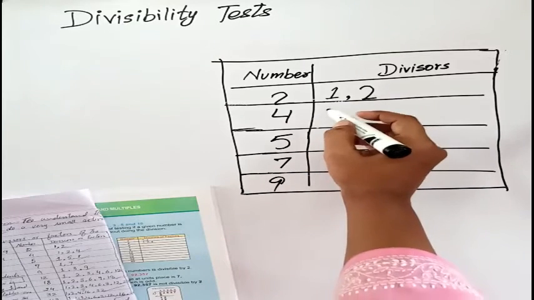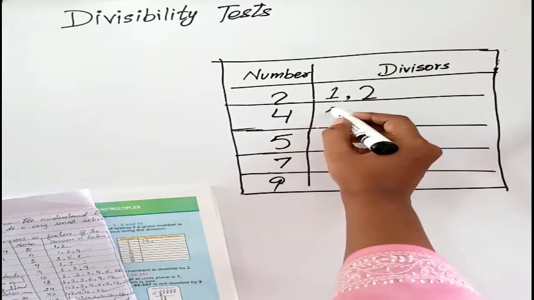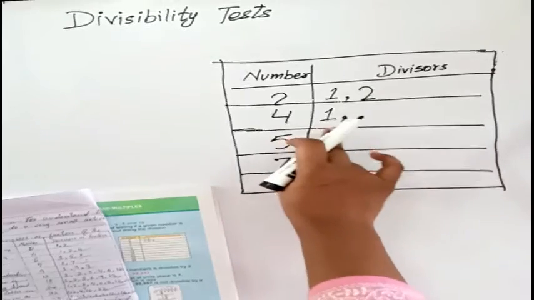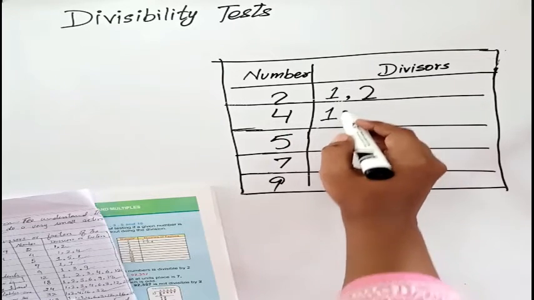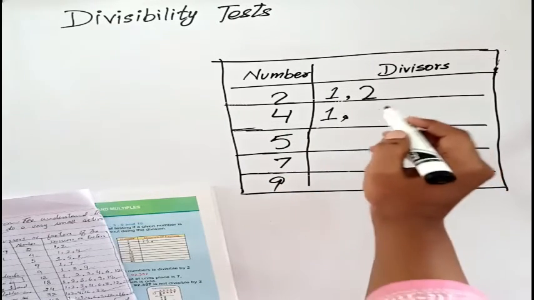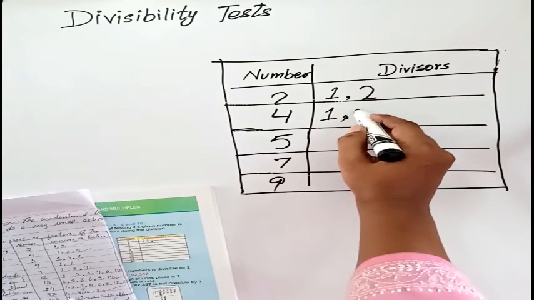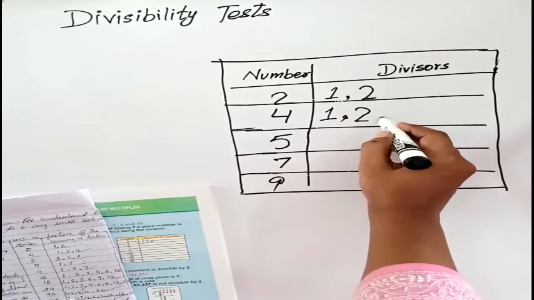Now let's come to 4. As I said, number 1 is always a divisor of every number. After 1, start counting the table of 2. 2 ones are 2, 2 twos are 4. That means 4 is coming in the table of 2, so 2 is a divisor of 4.